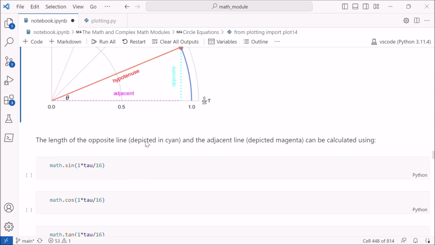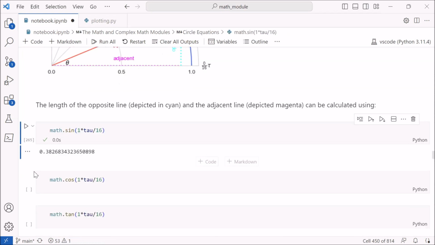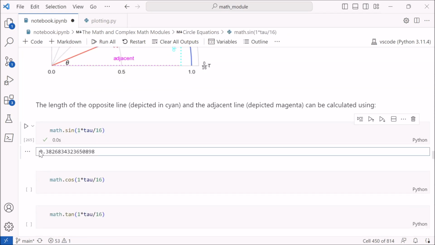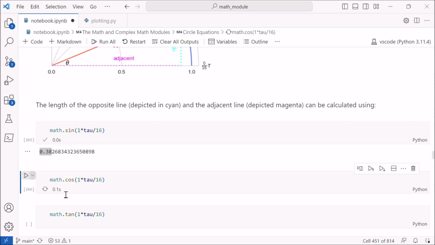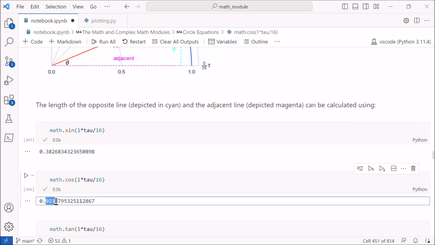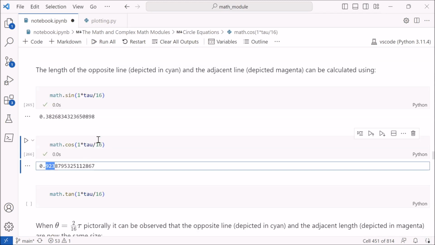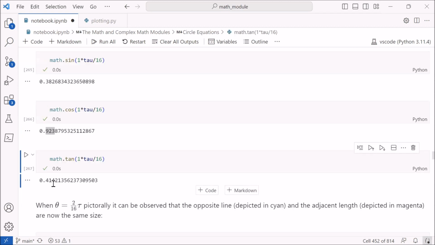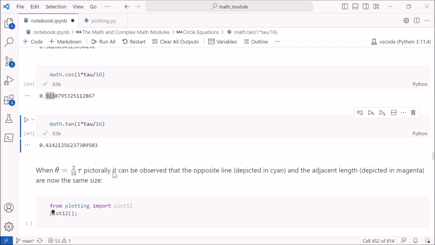So we can check the size of these using the sine and the cos. And we see this has a length of 0.38 and this has a length of 0.92. And the tan is the ratio of these, so it's going to be this divided by this, which is 0.41.